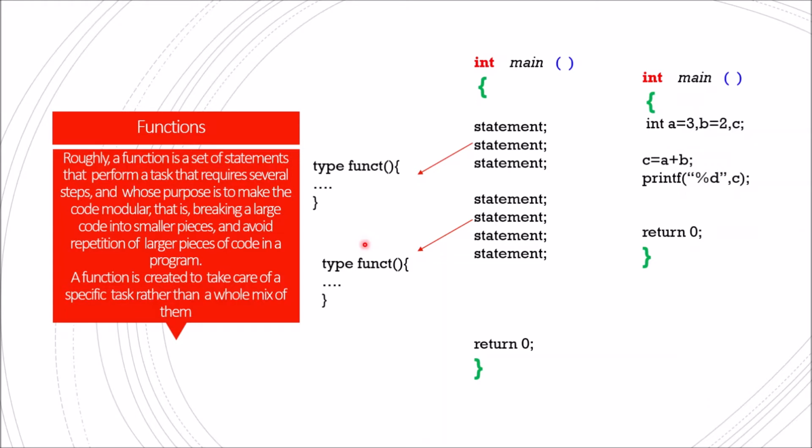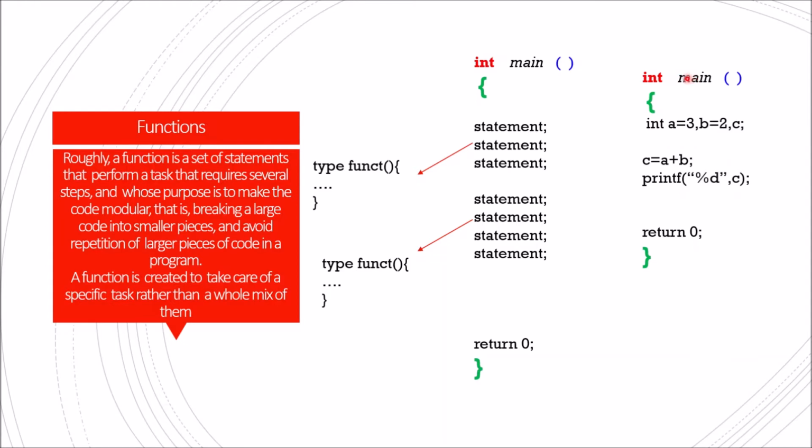In this way, we achieve modularity. That is, we break the program into smaller tasks, and whenever we want to do modifications, we can work on just the parts that we need to change or the parts we need to correct. We already know the main function.